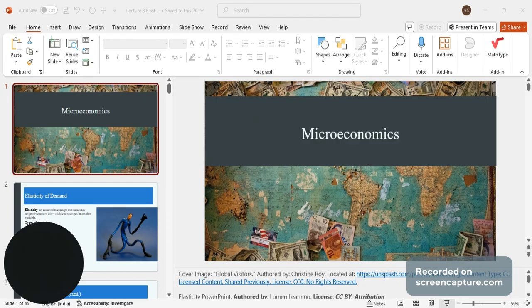So it will be inelastic. Okay. So we'll explain whether it is elastic demand or inelastic demand. For example, college textbooks, coffee, airline tickets, IPL tickets, soft drinks, medical procedures.